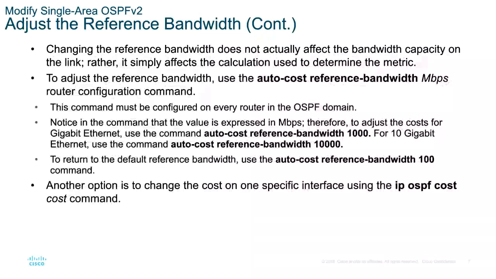Let's face it, most of our networks now are based on 100 megabit and 1 gig ports. Some of the newer installations, especially when you're dealing with fiber, have 10 gig all over the place. So you need to make the adjustments here. Or you can manually go through and set up your OSPF cost.